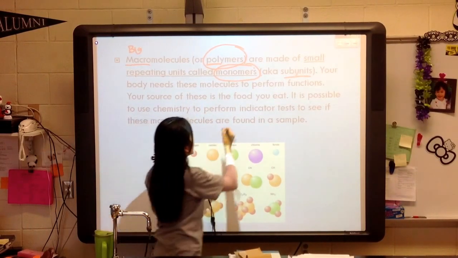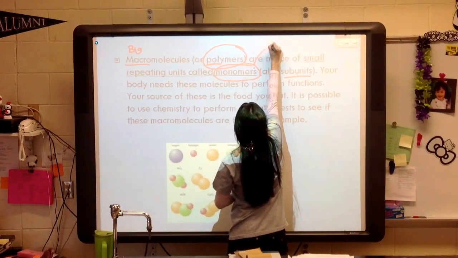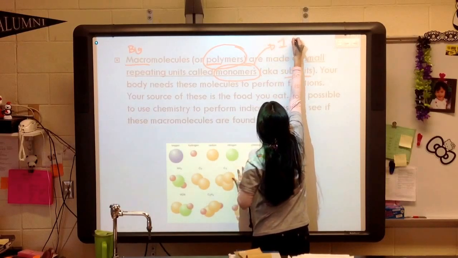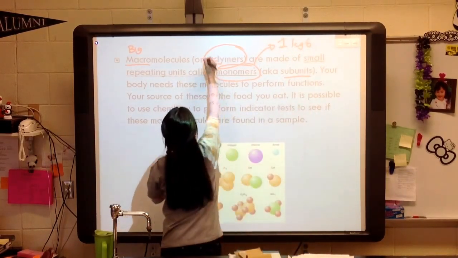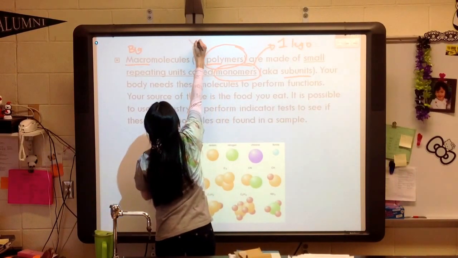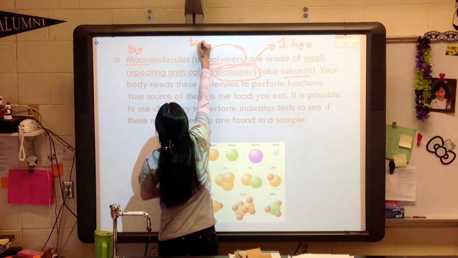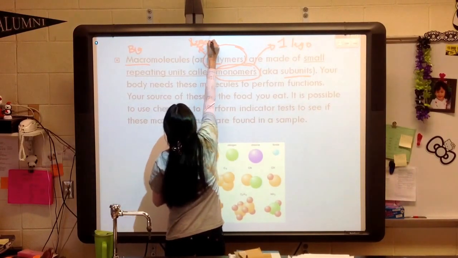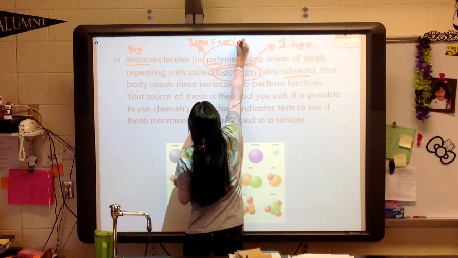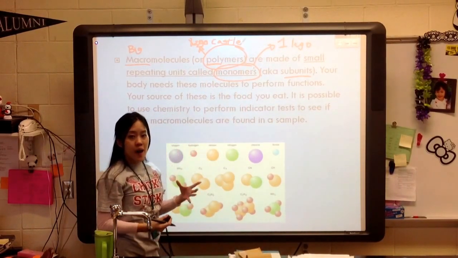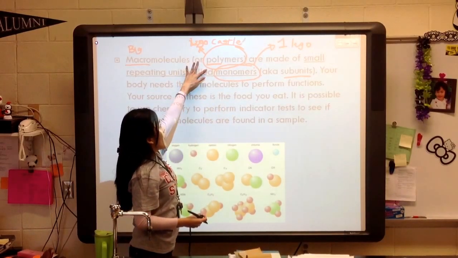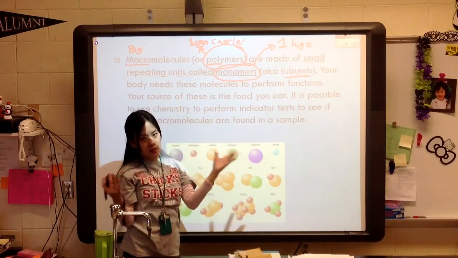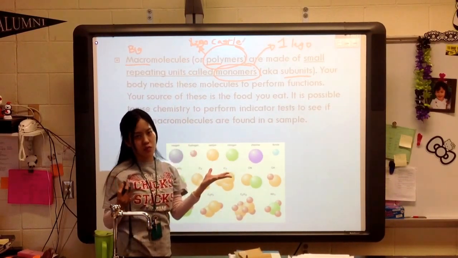An example here, a monomer might be 1 Lego, whereas your polymer could be your, I don't know, Lego castle. Okay? 1 monomer is going to be 1 itty bitty little Lego. A polymer will be your whole Lego castle or Lego boat or plane.